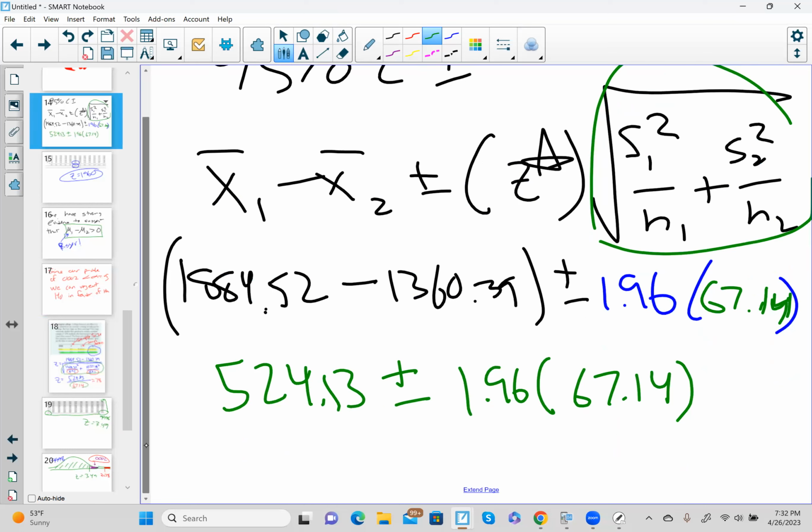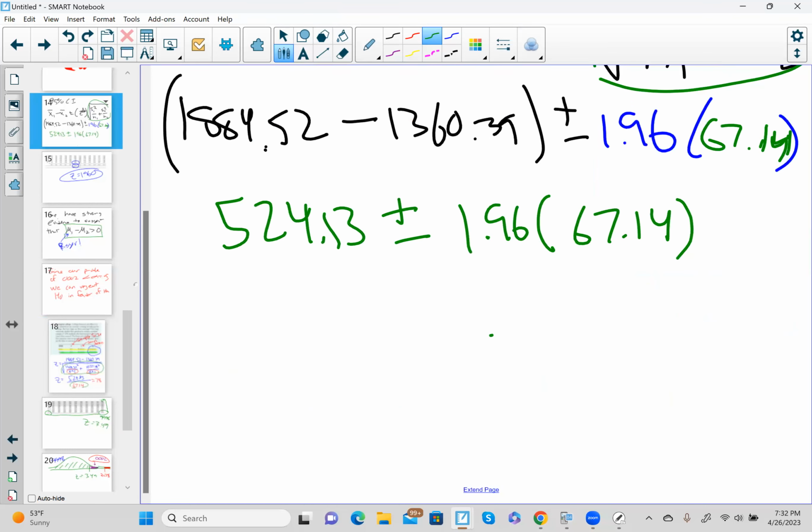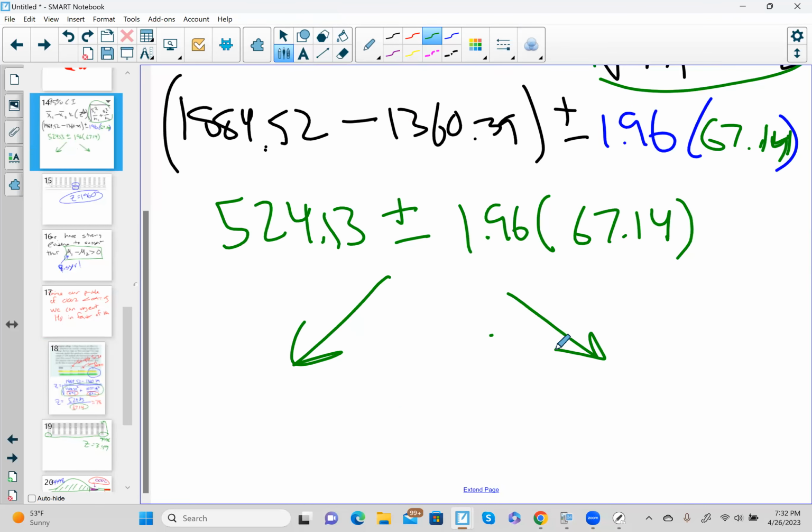Same thing applies as earlier. This is really two questions in one. So we're going to have a lower bound and an upper bound. I'll do that for you separately here. So we have 524.13 minus 1.96 times 67.14, and we get 392.5.